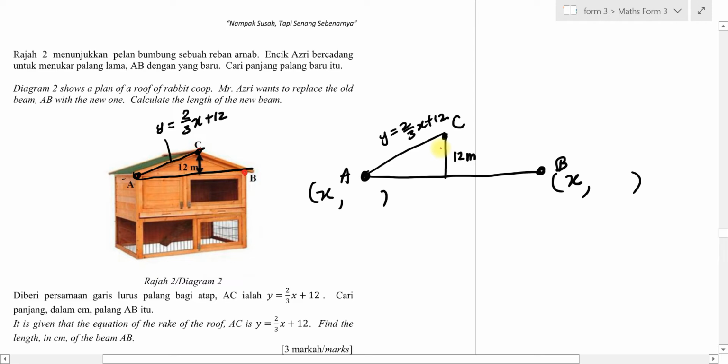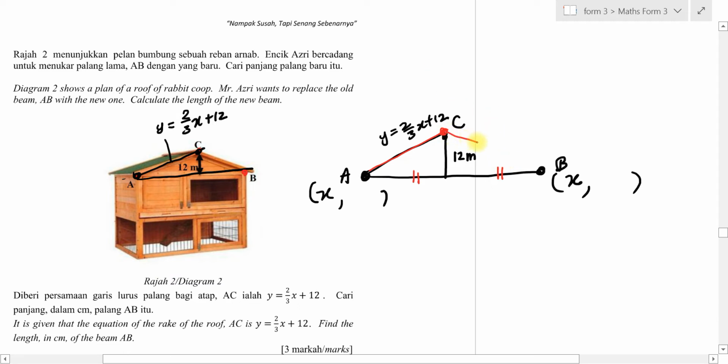Okay, let me see. They give you 12 meter here. At least they must give you the AC length. If we can find the AC length, then it is very easy, because this is a triangle and this is exactly the middle part, so this one and this one must be equal in length.